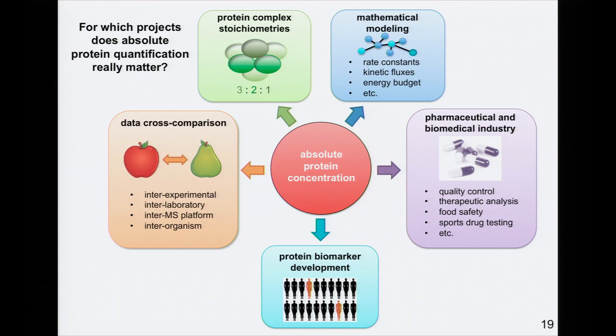Or if you want to compare data between labs or MS platforms or between two organisms, you can only do these comparisons with relative data if they were measured against the same reference. While absolute data you can always immediately compare to each other.